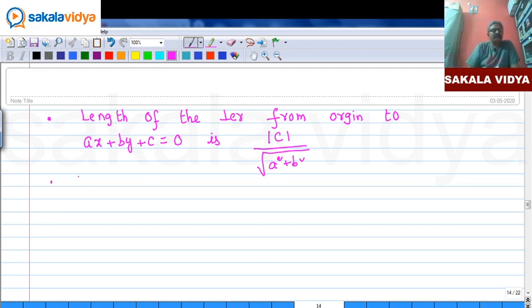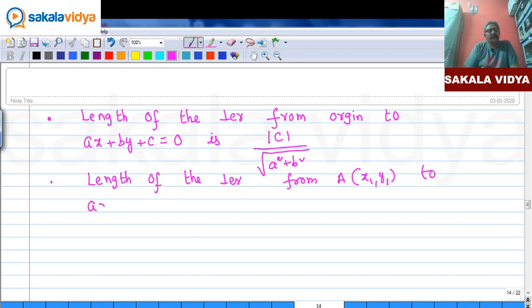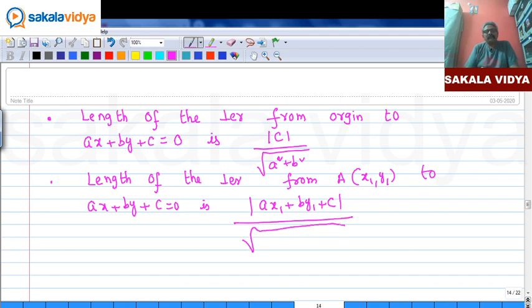Next, the length of the perpendicular from (x1, y1) to ax plus by plus c is equal to 0 is mod of ax1 plus by1 plus c by root of a square plus b square.